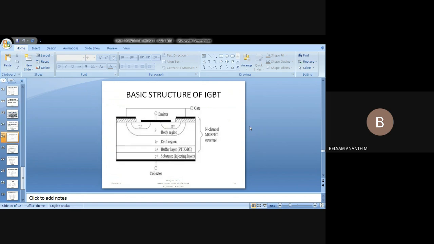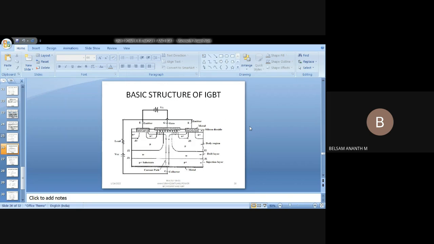So this is the basic structure of your IGBT. You have a gate terminal, an emitter, and a collector. So there are three terminals, and this is the basic inner structural configuration of your IGBT. Between your gate and emitter, you have a gate voltage.